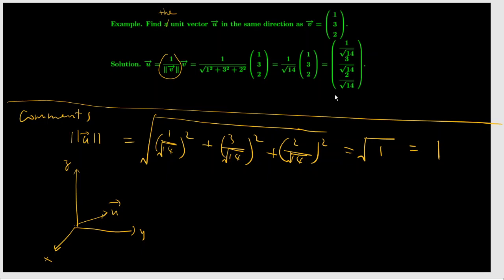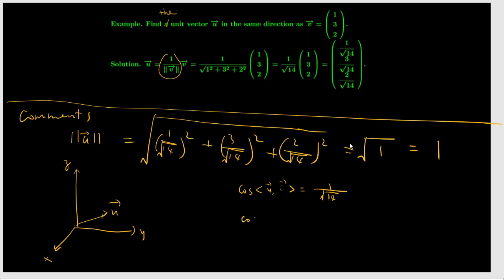In this particular case, the first component, 1 over square root of 14, is actually the cosine value of the angle of u and i. Look at the mouse cursor: there's an angle between u and the positive direction of the x-axis. The cosine value of the angle is the first component. This is not going to be tested in this course, but you're going to use this in calculus 3.